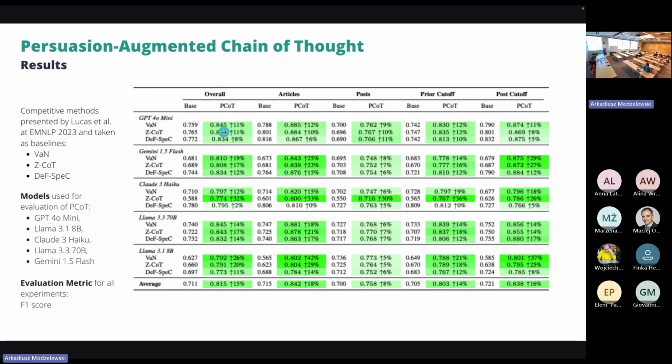And here is the improvement. So we not only checked how PCOT works in general, but also we checked something like prompt independence. It's not specific to one prompt, so we can use different prompts, we can use different methods, and we still improve with PCOT.